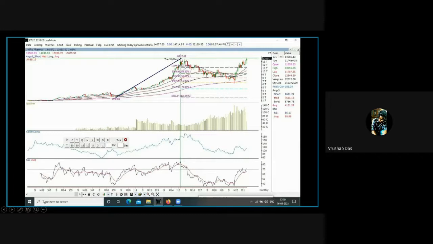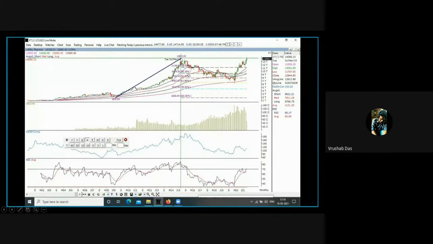And at 50%, it created two lows, and after that it crossed the 50% also. When it has crossed the 50% point, then you know that the next point is around 61.8%, and it will touch it.